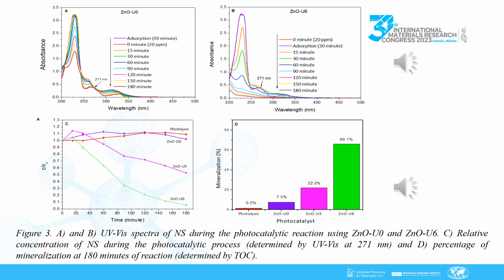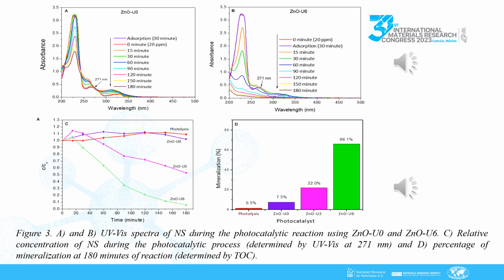Figure 3C shows the relative concentration of the contaminant as a function of reaction time for the photolysis reaction without photocatalysts and using the synthesized materials. The photolysis reaction did not present significant change in the concentration of the contaminant, indicating that naproxen sodium is stable when it is irradiated with light with a wavelength of 390 nanometers.